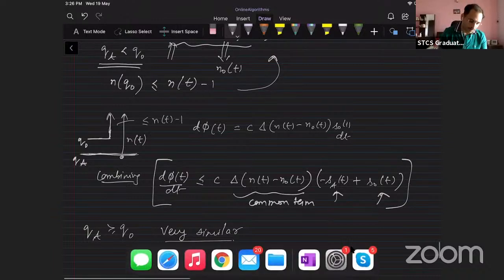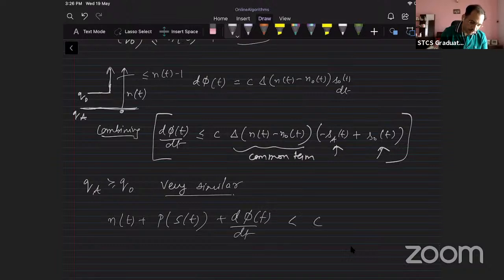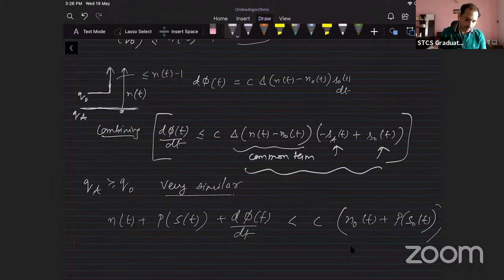See, remember, what do I want to compare? I want to compare n of t plus p of s of t plus d phi dt with respect to c times n0 of t plus p of s0 of t. This is what I want to compare against. So I want this bound somehow in terms of n0 and p of s0 of t.